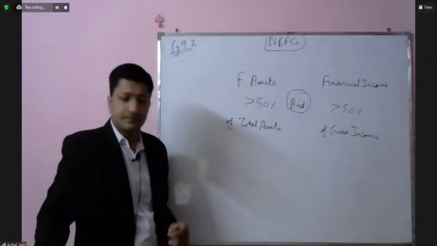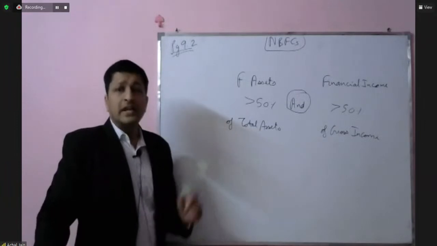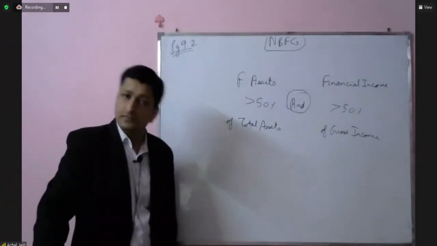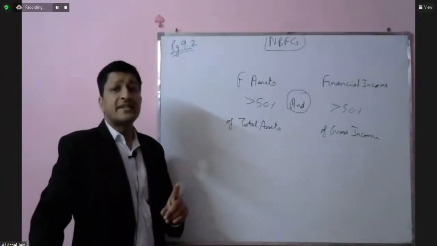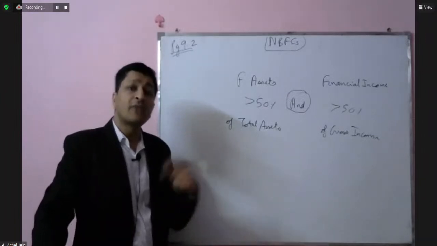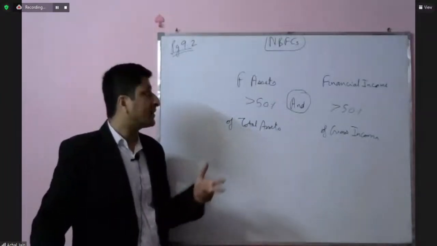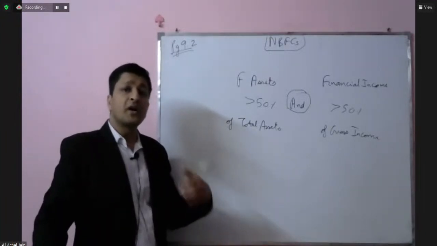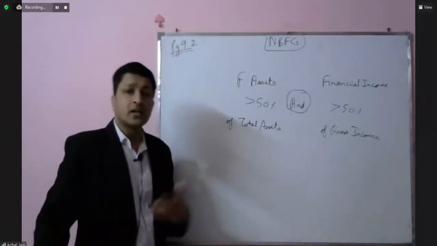So I'll repeat. Let's suppose an entity has got total assets. Out of the total assets, more than 50% assets are for financial activity. What is financial activity? Giving advances for the purposes of earning interest or returns on that.